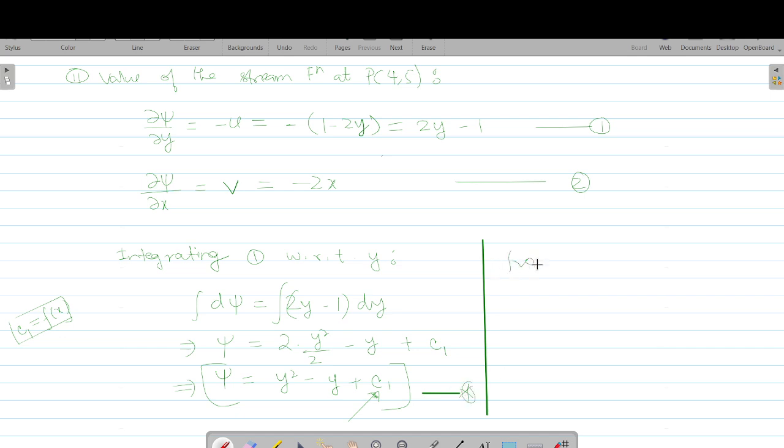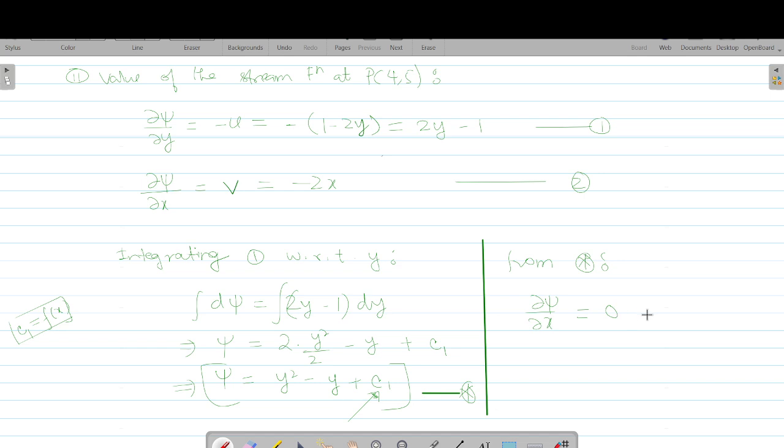From this star equation, what can I get? If I do a differentiation with respect to x, like d psi dx, the differentiation of y with respect to x is 0. In this case also 0.